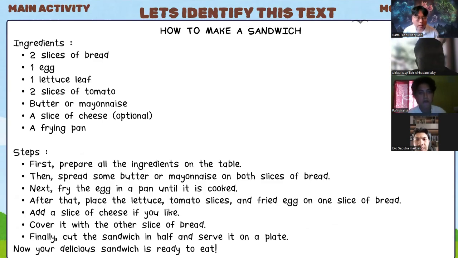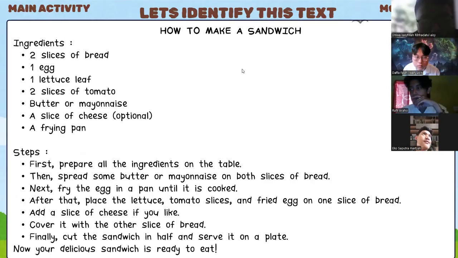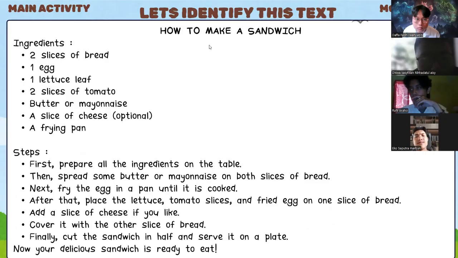Guys, can you identify where the goal of this procedure text is? Eko, would you like to answer? Or anyone? Come on. The goal is on the title. All right.